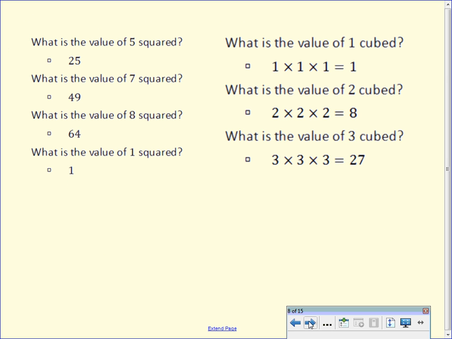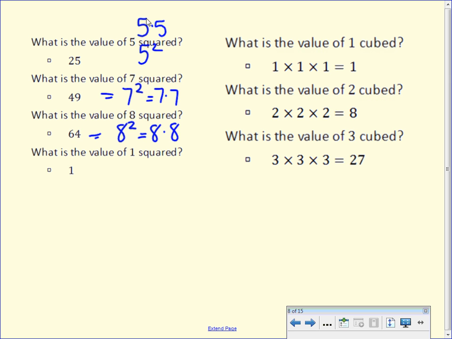Okay? So again, to review the squared and the cubed, 5 squared is 5 times 5, so that's 25. 7 squared is 7 times 7, so that is, shout it out, I'm pointing to the answer. 8 squared is 8 times 8, which is 64.